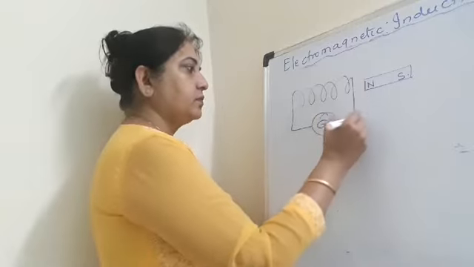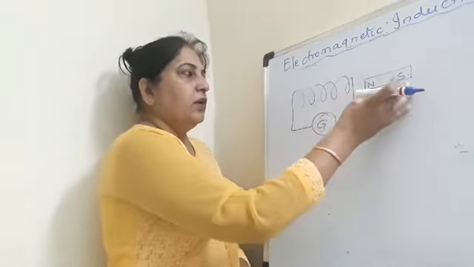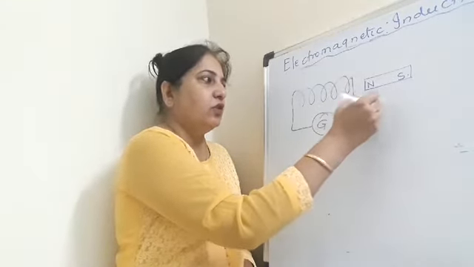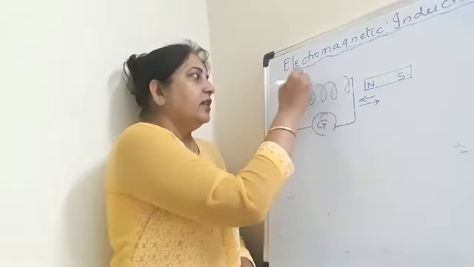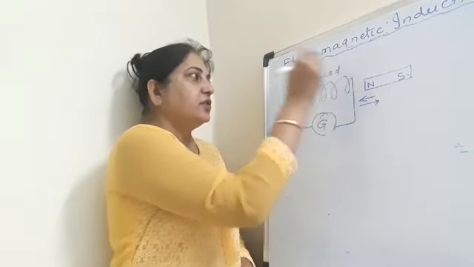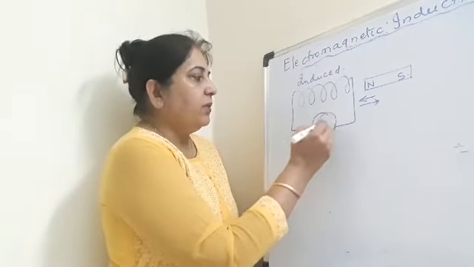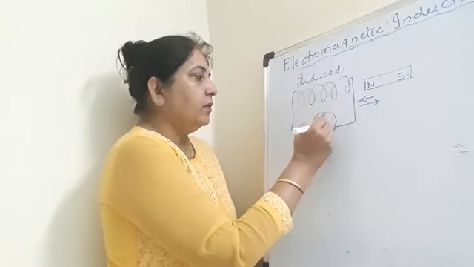So what will happen? Because there is continuous motion of the bar magnet in and out of the coil, the current gets induced in the coil. Yes, this is called induced current. I also told you that the galvanometer has a pointer always at 0, right?